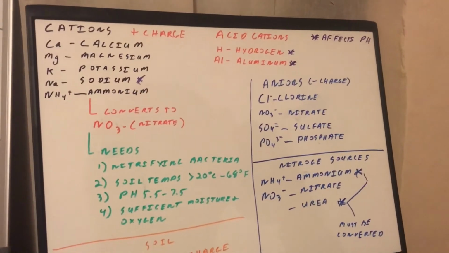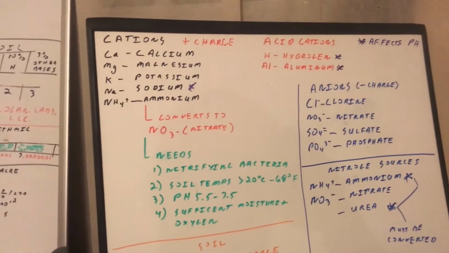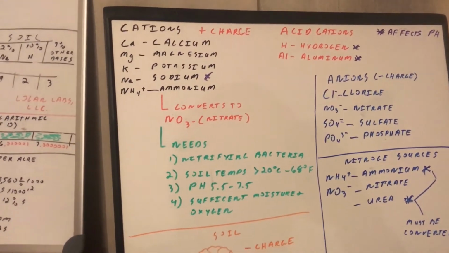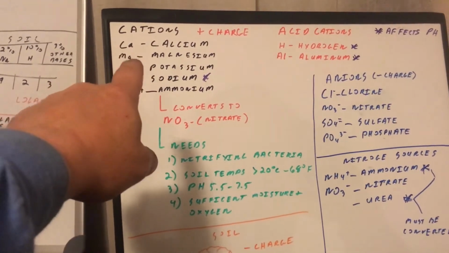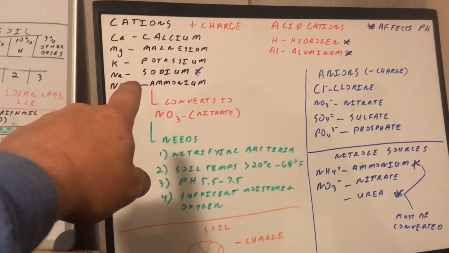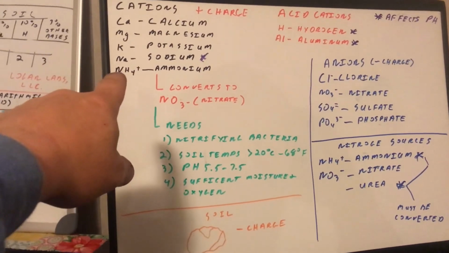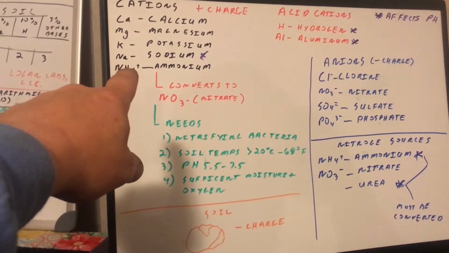We'll get to each one of those in this video one by one. So let's talk about the major cations first: calcium, magnesium, potassium, sodium, and ammonium, which is represented as NH4+.